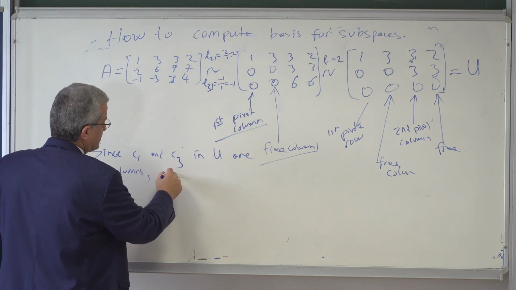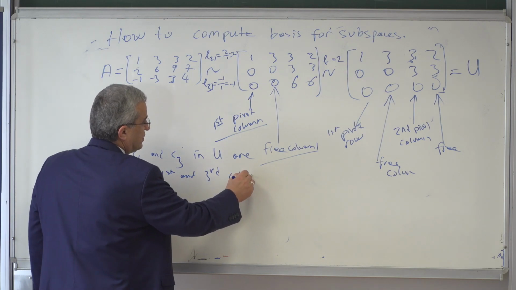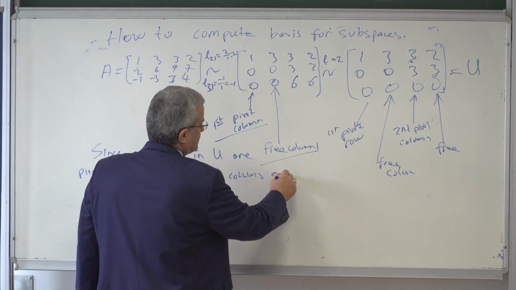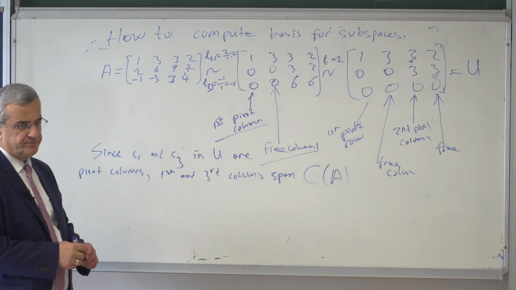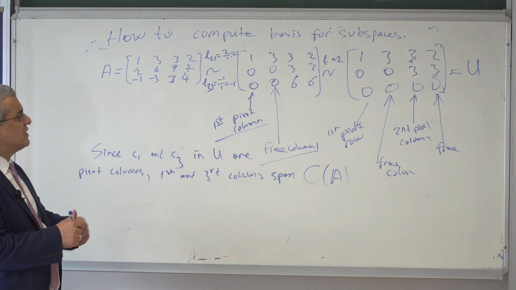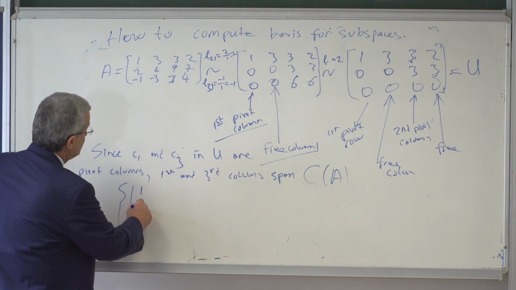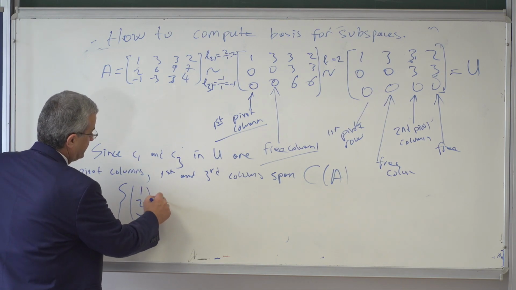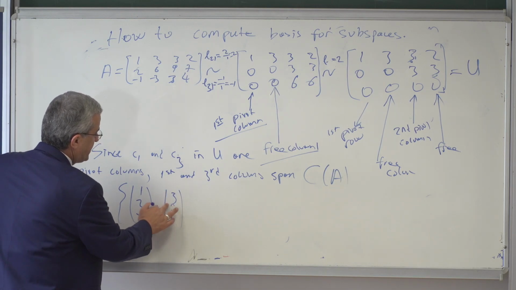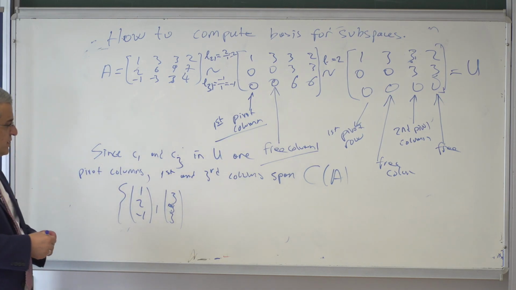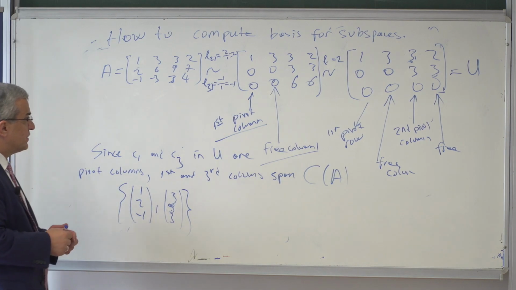C1 and C3. First and third columns span the column space. Okay? So then how do I compute? So this is what I mean: 1, 2, minus 1 and 3, 9, 3. They span the column space of A.